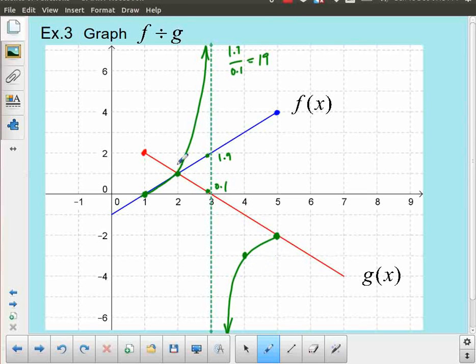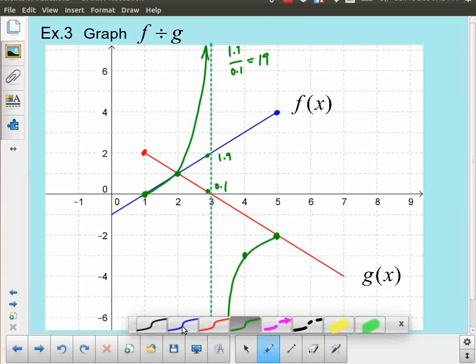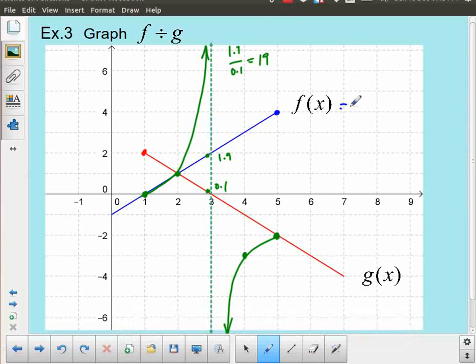Now, that might be a bit of a surprising result, but if you think about what f of x and g of x started as, f of x is the straight line x minus 1. g of x is the straight line 3 minus x. And if I take the quotient, x minus 1 divided by 3 minus x, I actually end up with a rational function.